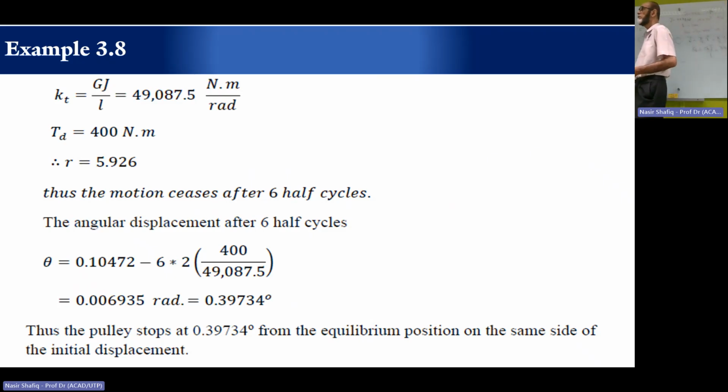What is the answer? Because all units are, 79.3 into 10 to the power 9, gigapascal, into Newton per meter square, and this is also meter to the power 4.